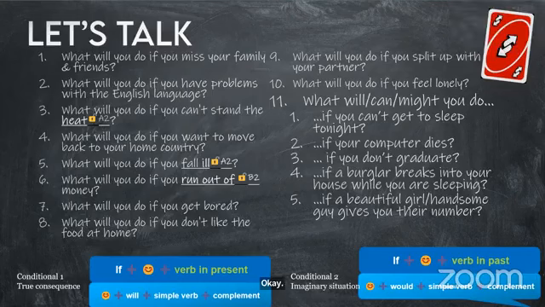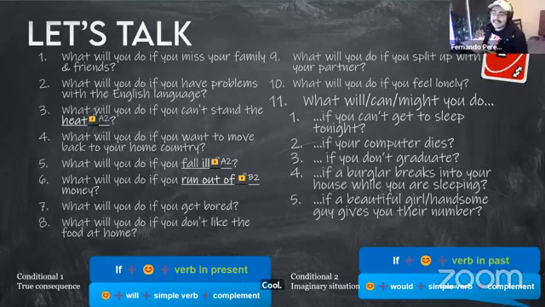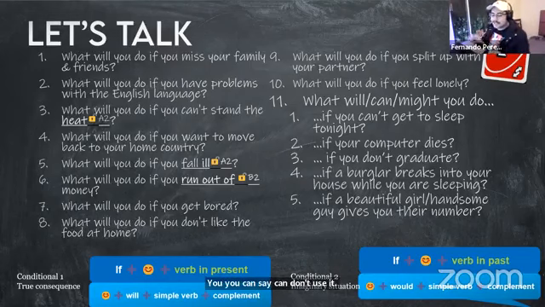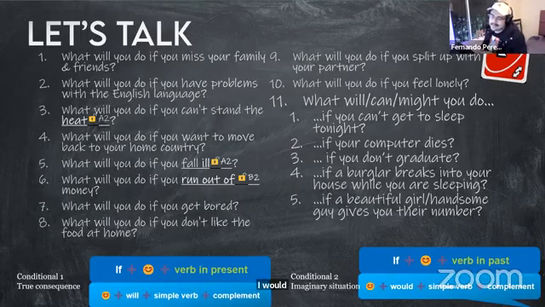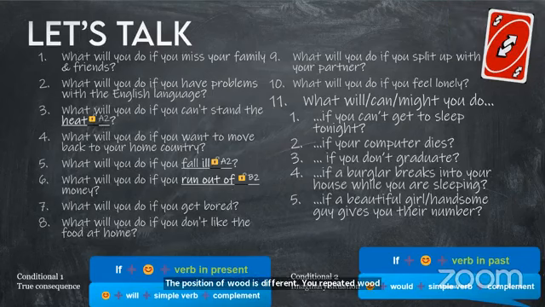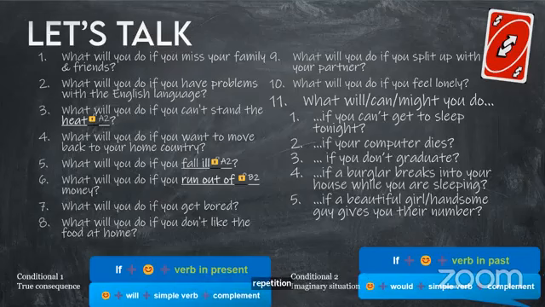If the restaurant is open, I can buy hamburger. Don't use can. I would. The position of would is different. If the restaurant is open, I will order hamburger in Carl Jr.